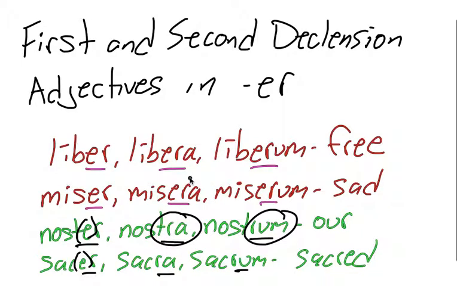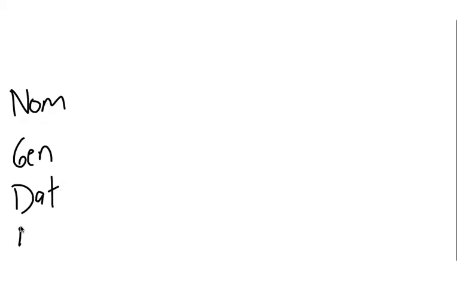I'm going to give you an example of how these are declined, and we'll start with liber. I'm just going to set up a chart of all 5 cases. Remember, adjectives can be declined just like nouns can, and so they exist in all 5 cases, and adjectives have masculine, feminine, and neuter forms.